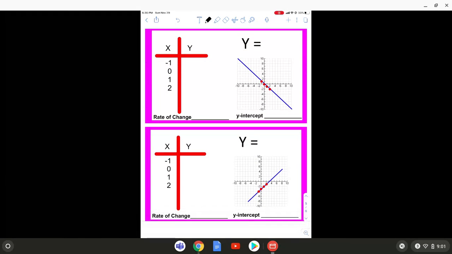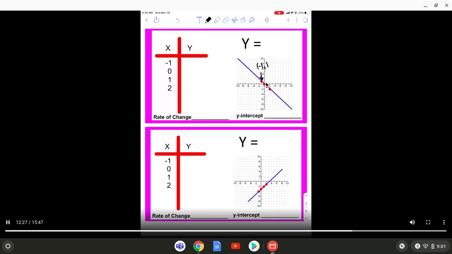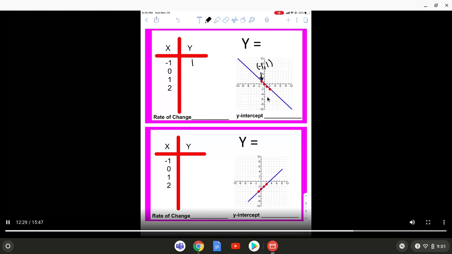So we're going to do the same thing again 2 more times. So here, this time I only have the graph. So I am going to pull the points out of the graph. So right here, I see that my x is equal to negative 1, and my y is at positive 1. And right here, I have 0 and 0. Over here, my horizontal is at positive 1, and vertically I'm at negative 1.